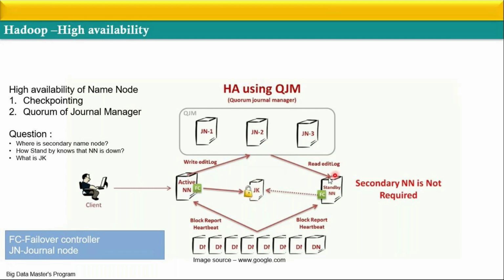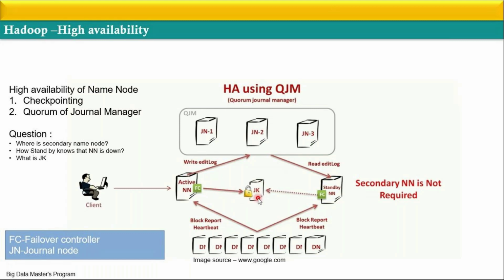Now the standby node or secondary name node, that is the same concept, like we are having a standby machine. Once the active name node is down, this connection will be lost.